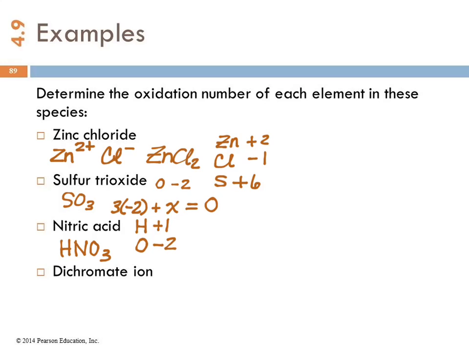So we've got 1 hydrogen, and we've got 3 oxygens, and we have the nitrogen, X, and these are going to add up to what? 0. So this is going to be minus 6, and this is a 1, so that's minus 5. So the X is going to be plus 5. So the nitrogen is going to be an oxidation state of plus 5.